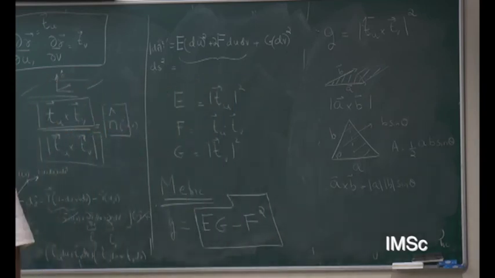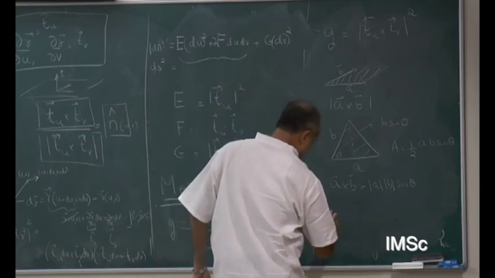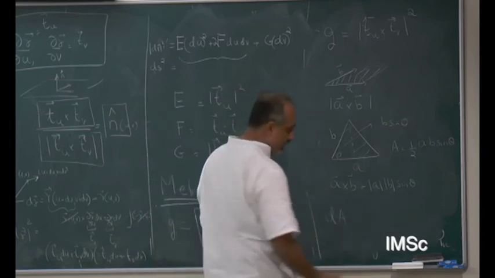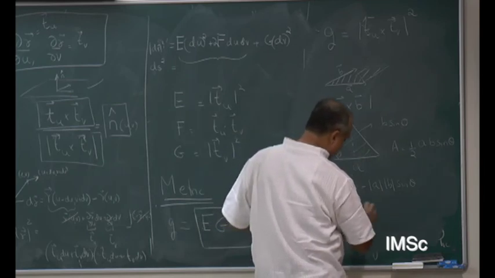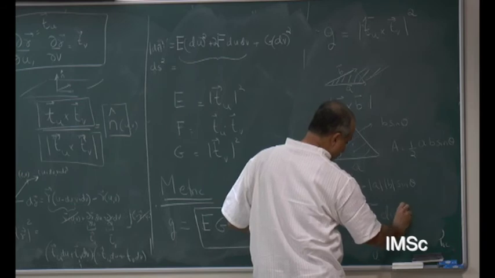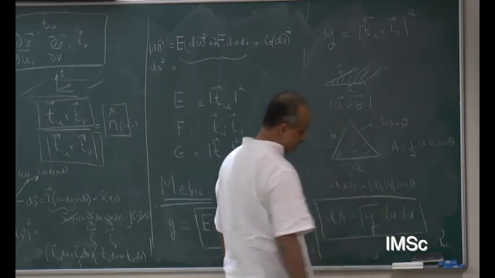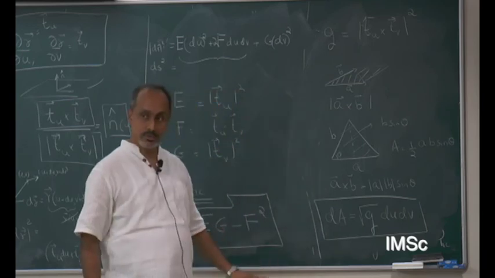Okay. The reason for showing you this is to finally come up with the answer that the little area element on the surface, dA, is obtained by taking the square root of the g that I just defined and multiplying it by du and dv. Why is this useful?